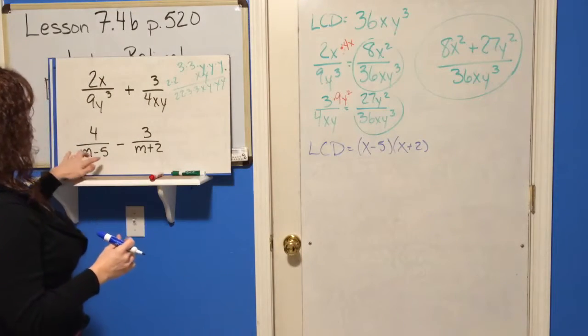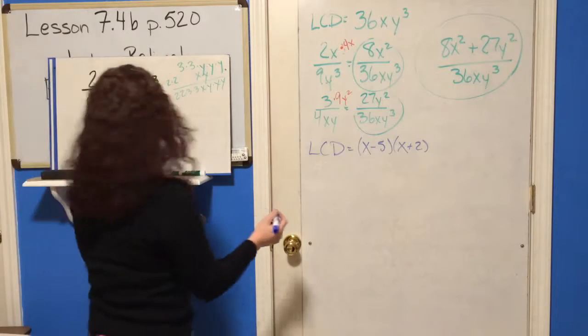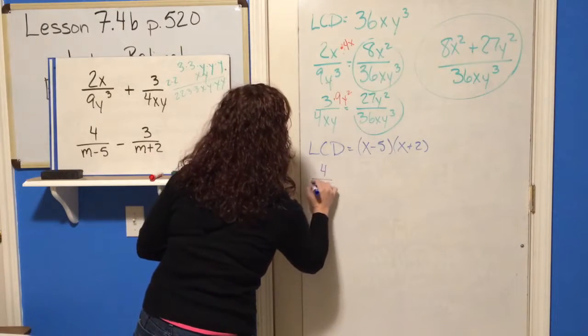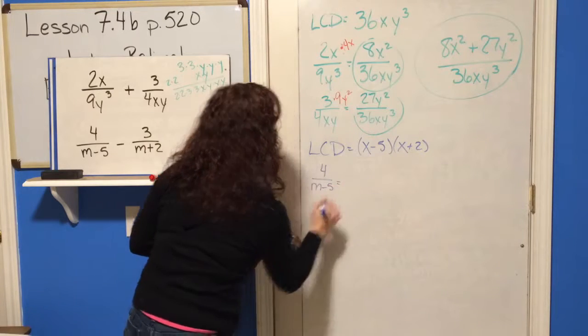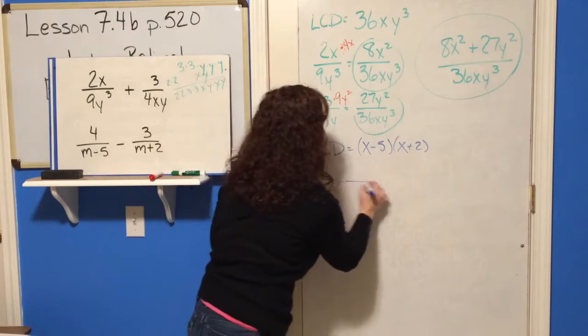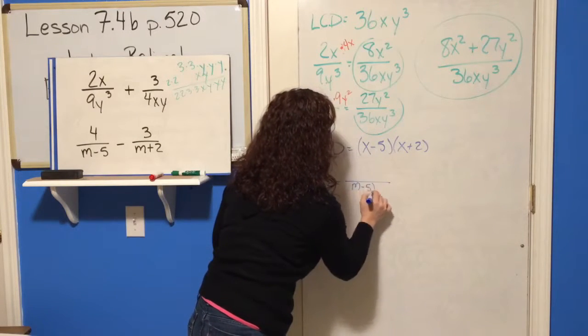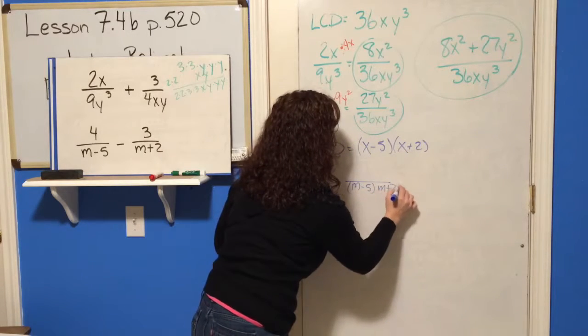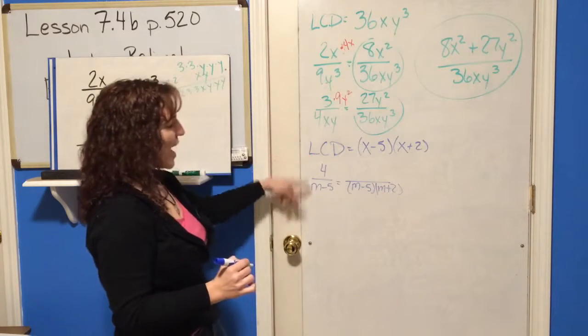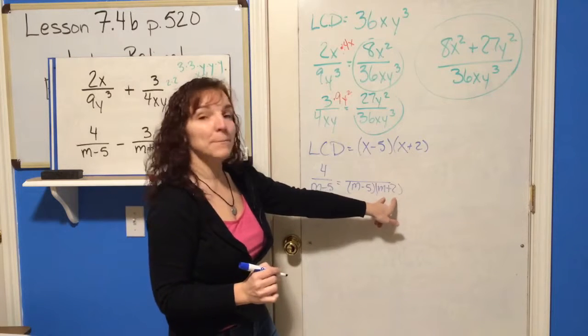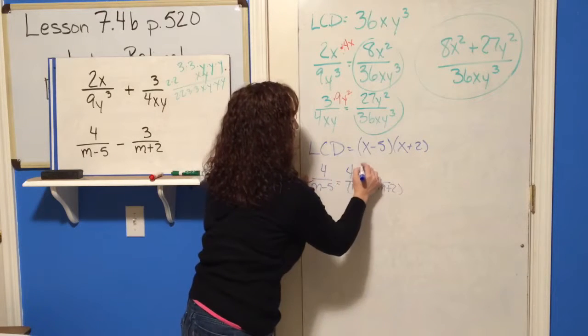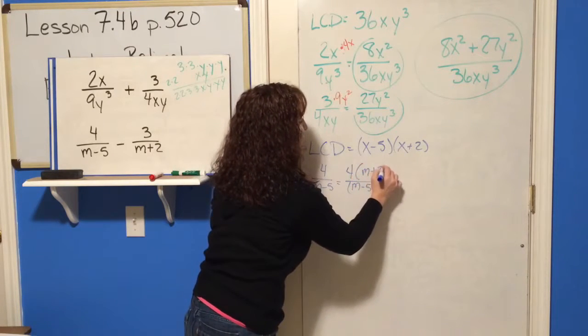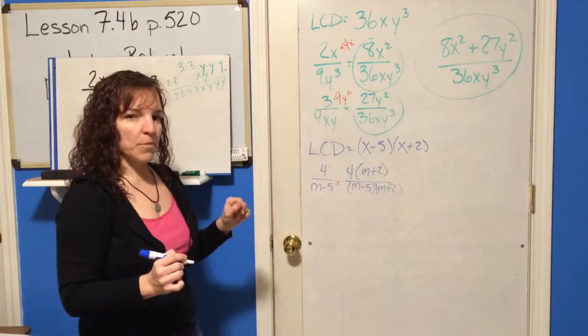So what you're going to do in this case is, if 4 over m minus 5 is your first fraction, to get the denominator m minus 5 times m plus 2, the numerator has to be multiplied by the whole m plus 2. So you're going to have 4 times the whole m plus 2. Okay?